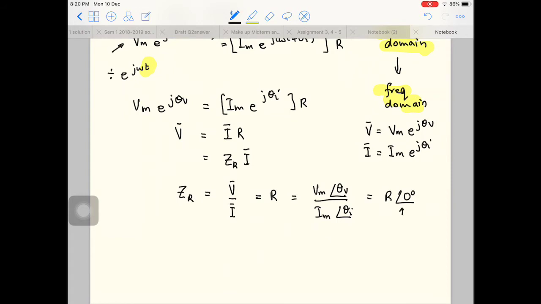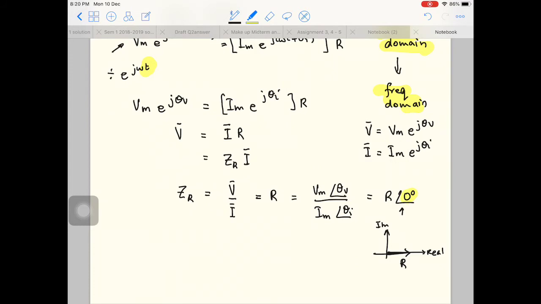How do I know this? This one actually comes from the real axis. This is the real axis, this is the imaginary axis. The real part has no angle, so it takes 0 degrees here.